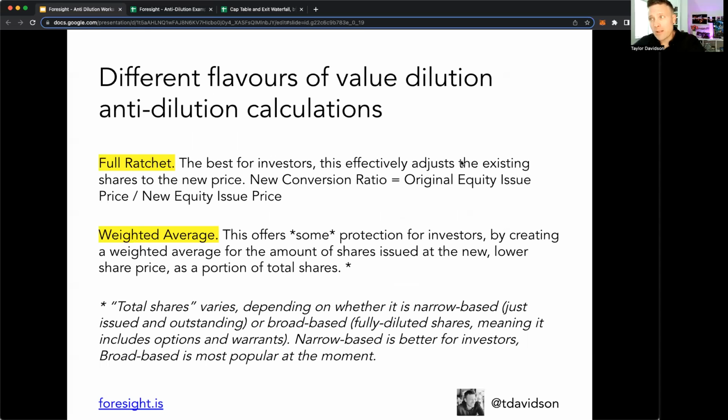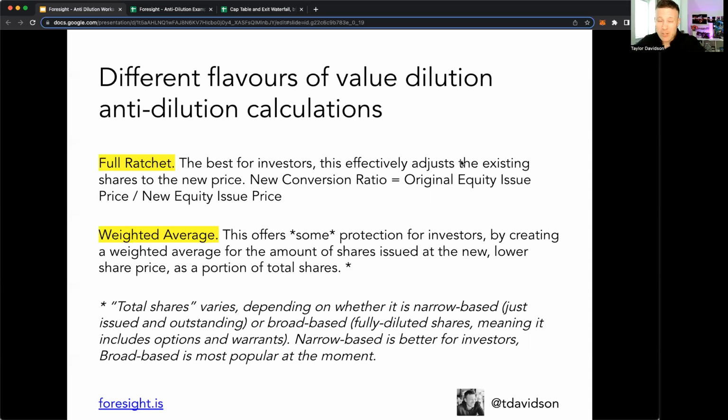We'll get into the formula for that in a second, but you basically calculate the new conversion ratio. It's just the original equity issue price, which is whatever you paid for the shares before, divided by the new equity issue price, which is the price in the down round. And so by repricing all of the shares, it provides full protection and value to the investor.